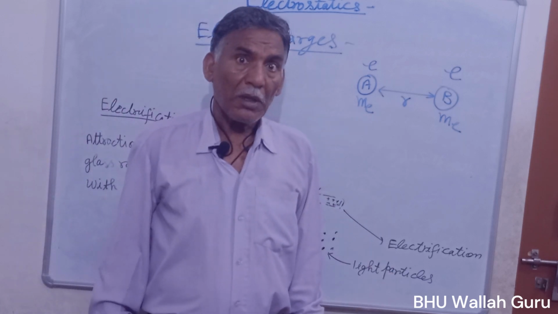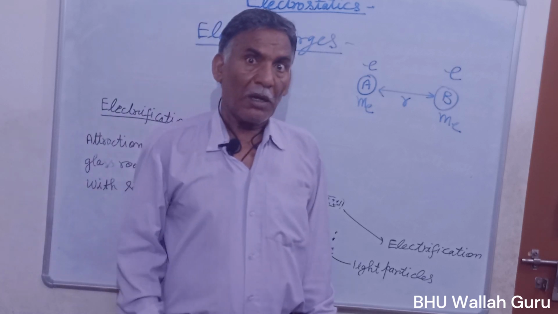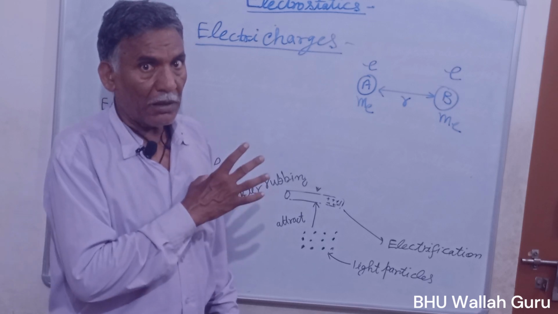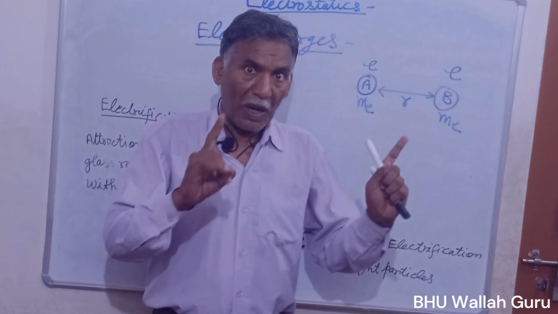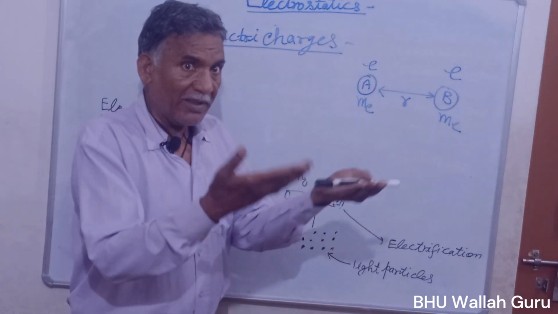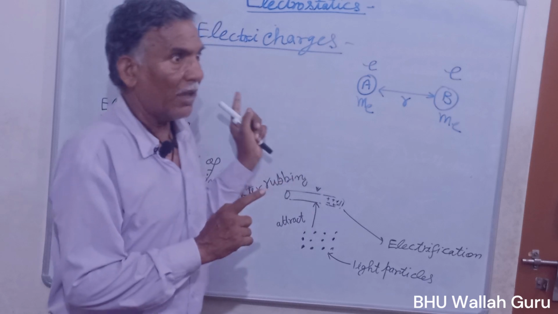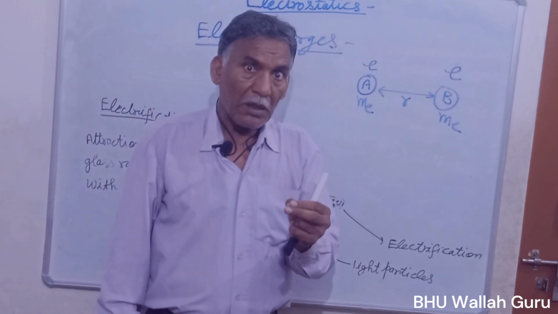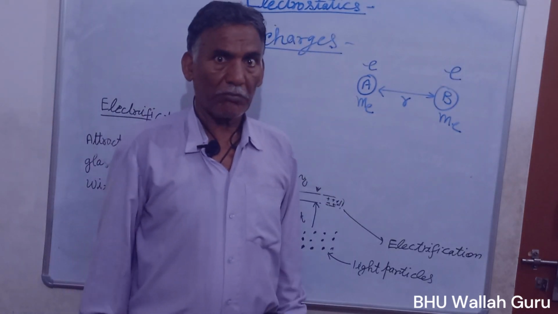After rubbing, there is an attractive force, called the electrostatic force. Certainly, there is a hidden property in both objects, which came to light after rubbing and is responsible for the electrostatic force. That property is called the electric charge.